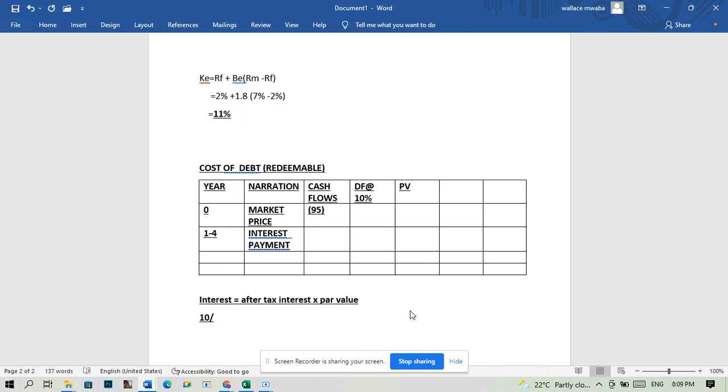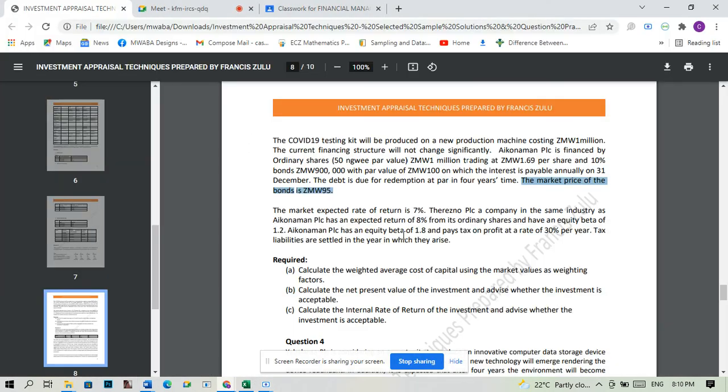So we're going to say 10 over 100, open brackets. Remember the tax rate is 30%, so minus 0.3, times the par value of the debt. And the par value we're given was 100.